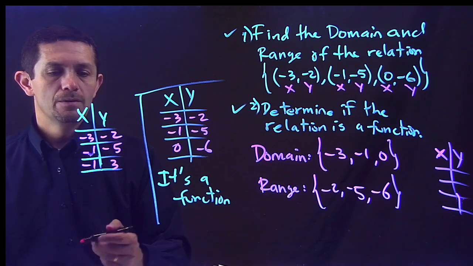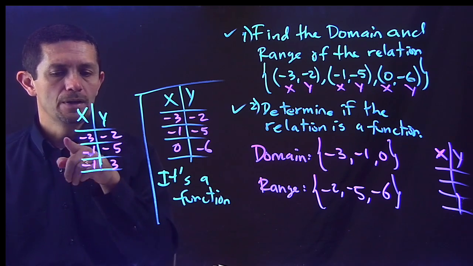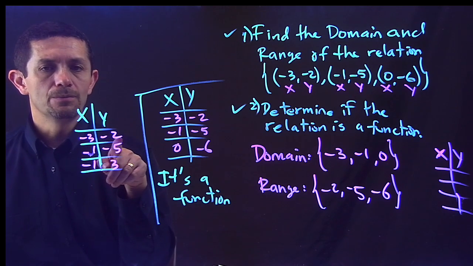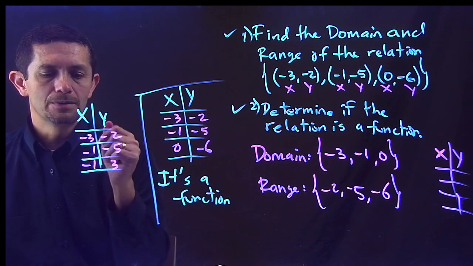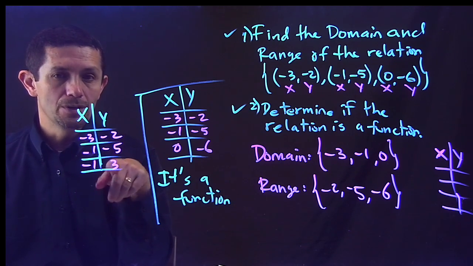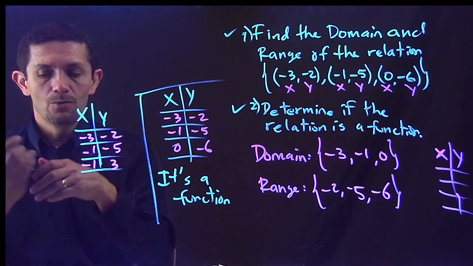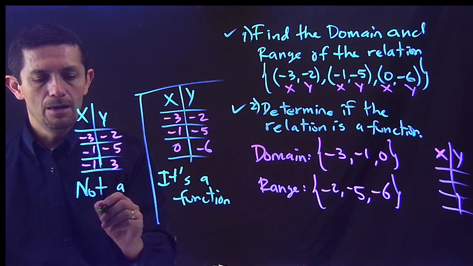So look at this. The definition of function is for every x there's only one y. The -3 has the -2, but look at the -1. -1 has a -5, and -1 has also a 3. It has two values. Therefore, this is not a function.